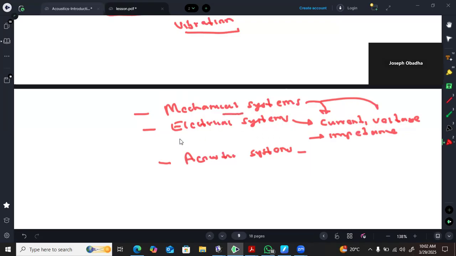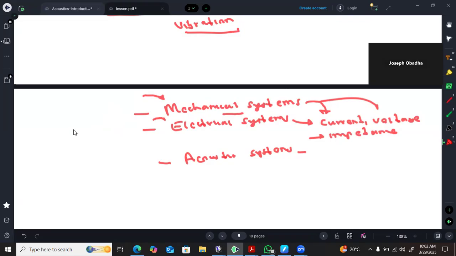Because what we would also find out is that if you have an acoustic system, then most of the times it will have a mechanical system within the acoustic system, an electrical system within the acoustic system, and then the acoustic system.